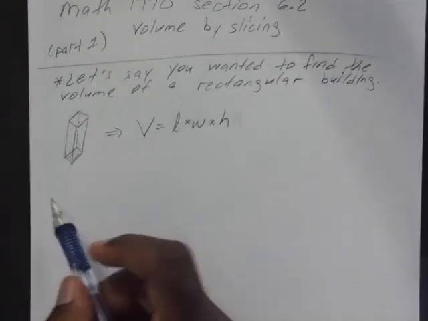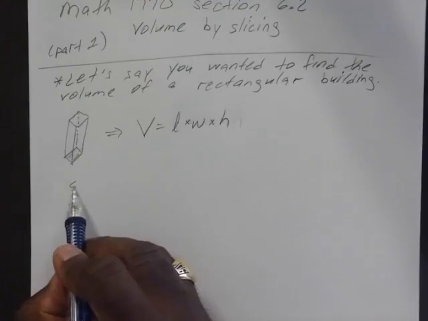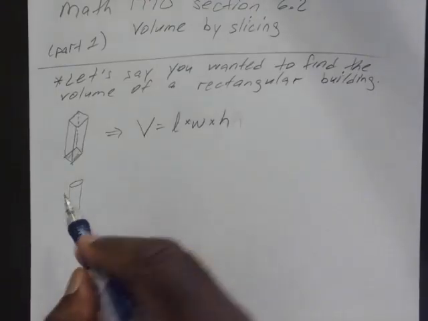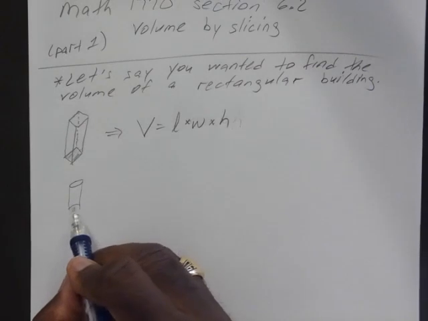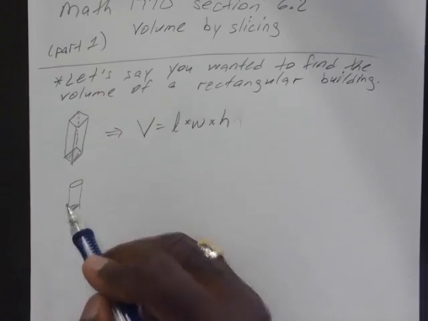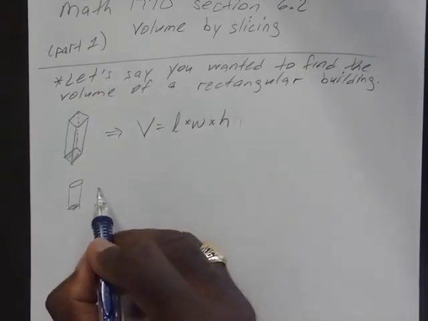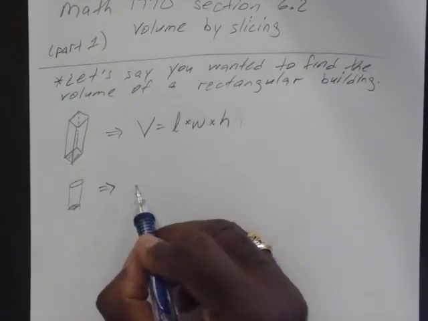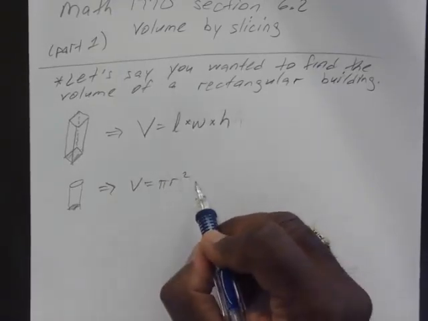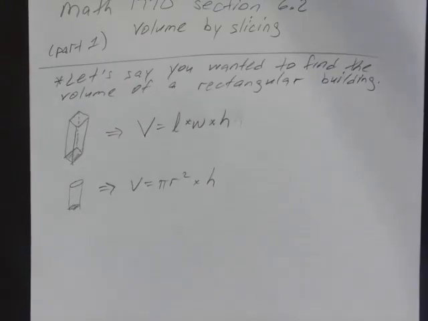Okay. Same thing if you had a cylindrical shaped building. That volume will be pi times radius squared times the height.